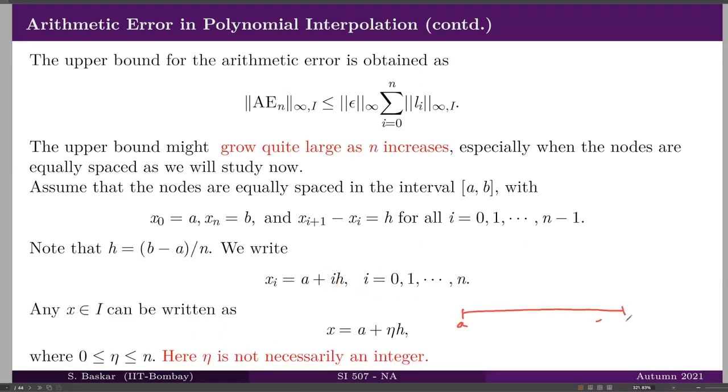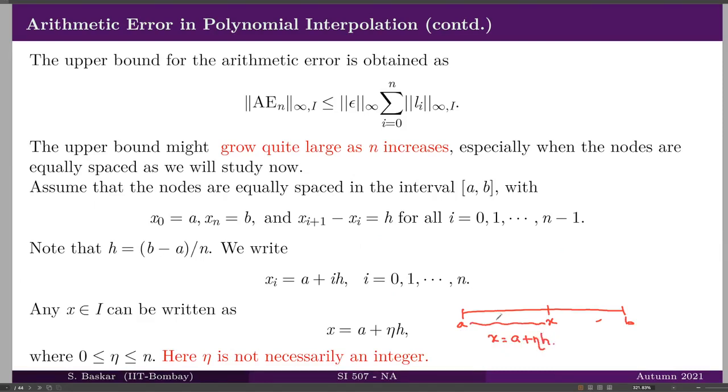Whenever we have a general x in the interval [a, b], which is not equal to any of the nodes, that can always be written as x is equal to a plus a distance, which can be written as a multiple of h, right?